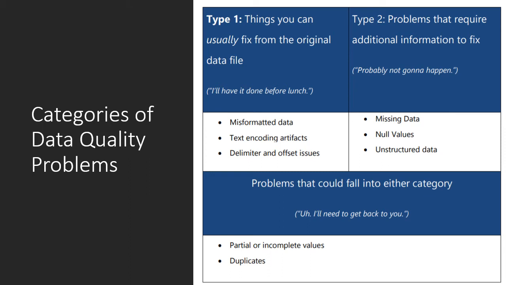Same with the duplicates, right? If you can find exact duplicates in your data set where all columns are exactly identical, then you can decide to remove one of them, right? Which is easy and doesn't require more information. But there are other types of duplicates that require you to think before you can delete them straight away, right?